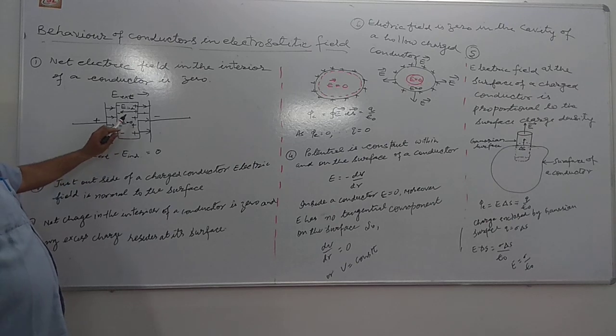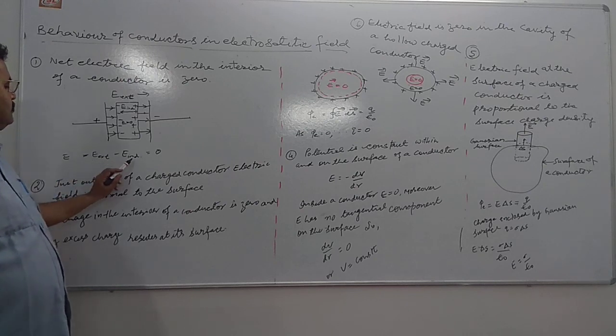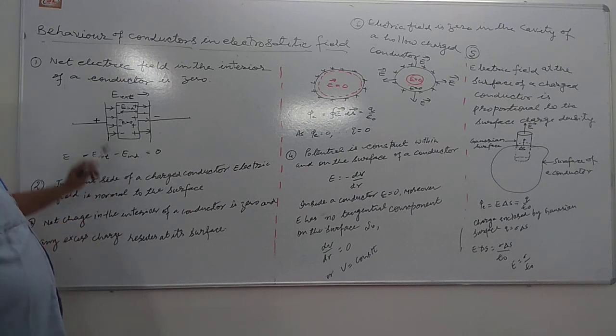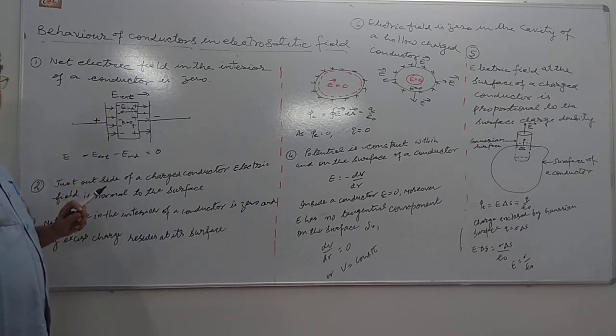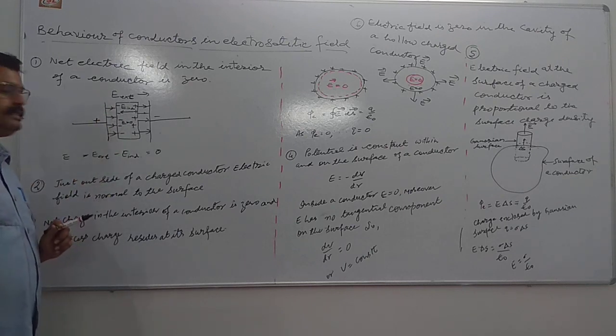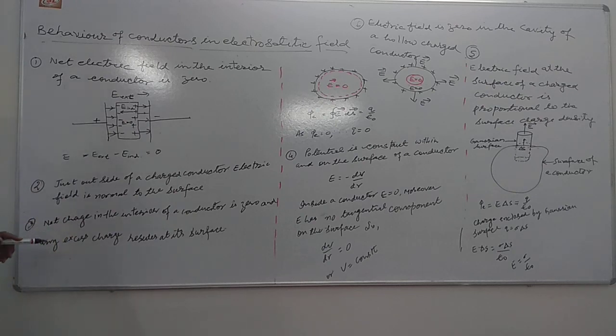So at a particular instant, E equals E external minus E induced equals 0, meaning when the induced field is equal and opposite to the applied field, the electric field inside the conductor is 0.